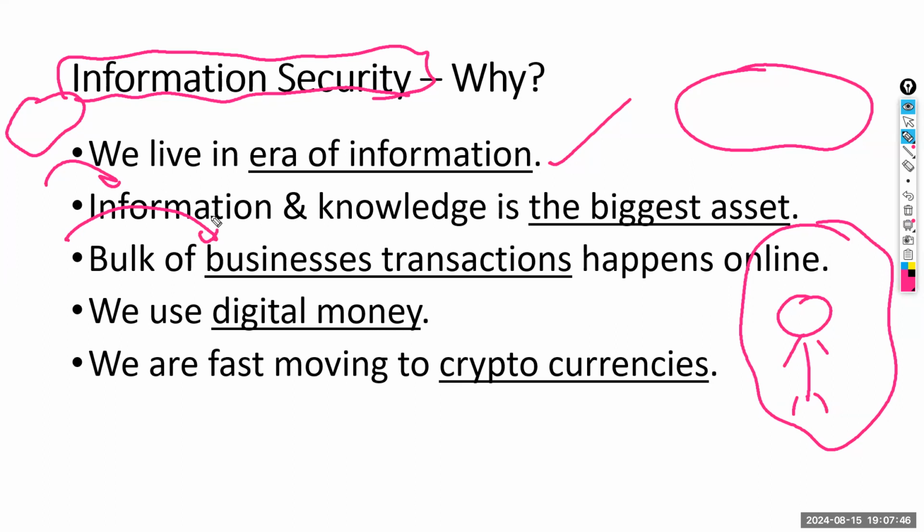And we use more and more digital money. So now you may have seen that when they transfer money, they take a lot of security precautions, especially when they transfer money for the banks and so on. But these days, millions of transactions happen on the internet, and people use more and more digital money, credit cards, online banking, cryptocurrencies.